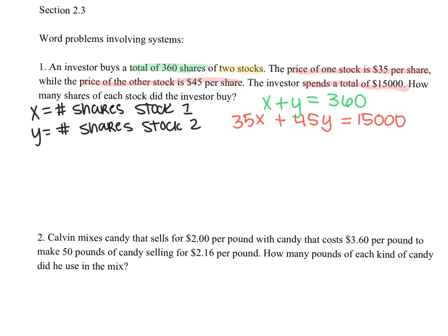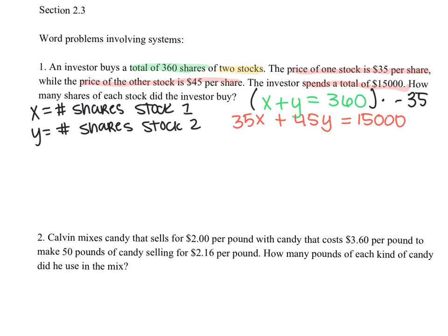So if I notice, I have the equation x plus y equals 360. So I can easily eliminate either variable x or variable y by multiplying that first equation. I'm going to choose to multiply that first equation by negative 35. I don't have a choice here. If I want to eliminate x or y, I have to multiply by a negative.